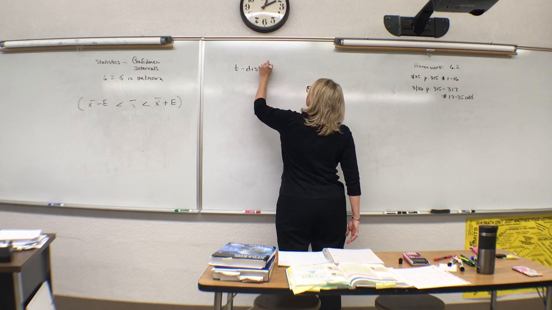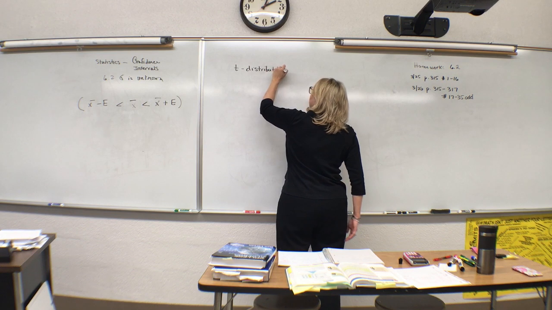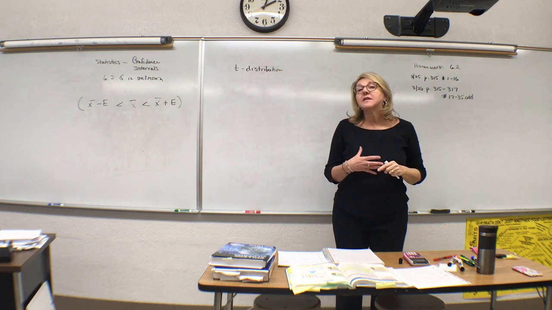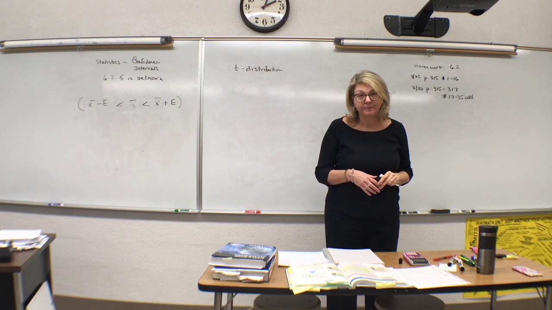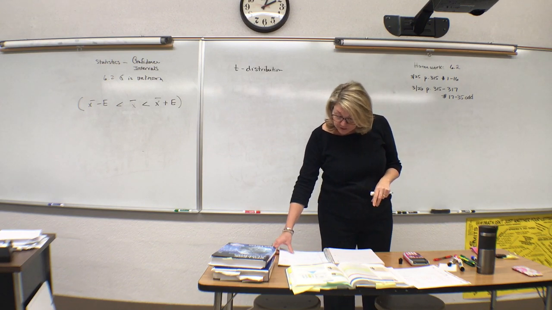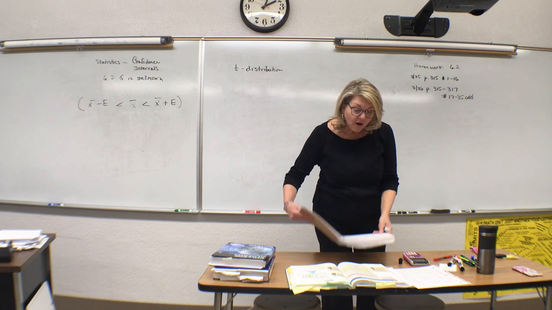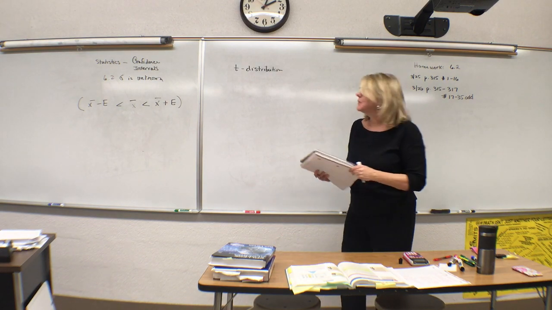Now, the t-distribution has some of the same characteristics of a normal distribution, but it's a bit more forgiving. First of all, you'll notice that there's a new calculation for what we call critical t-values.